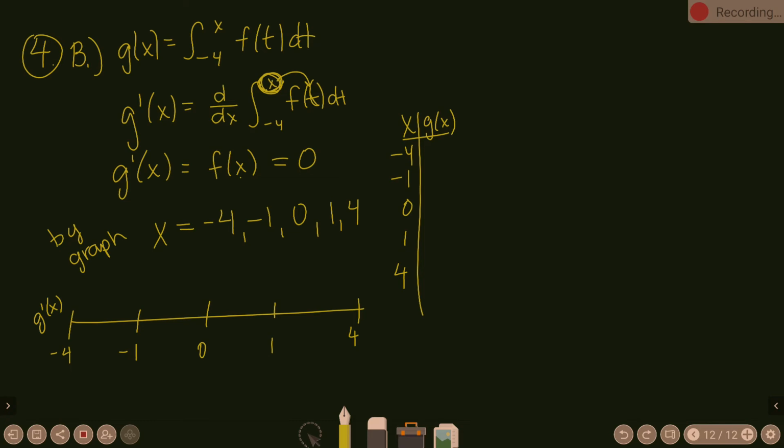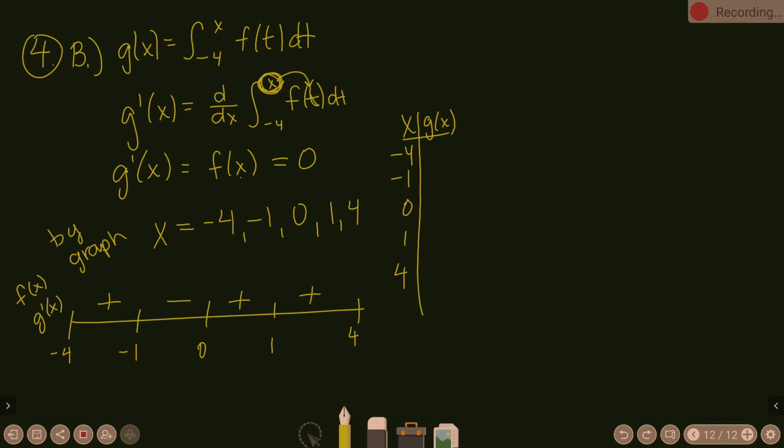When we talk about our derivative being positive or negative, well, g prime is what? It's f, which is the graph. And so what do we know? From -4 to -1 on the graph is positive. From -1 to 0, it's negative. 0 to 1, it's positive, and 1 to 4, it's positive, yes?